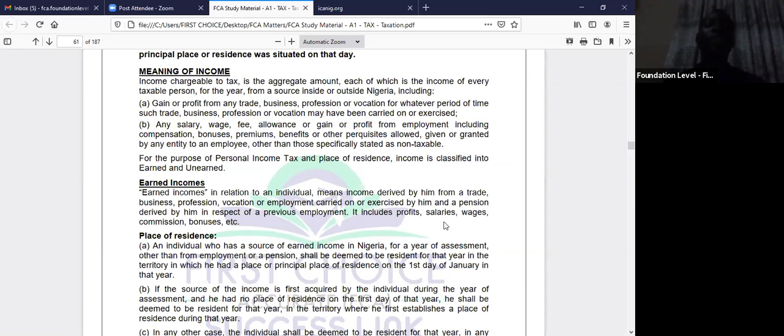Okay? It also includes whether you are getting income from rent, income from dividends, royalty. All these are income. As long as you do small work and you get something. It doesn't include gifts. If you are getting pocket money from your parents, it doesn't amount to income.